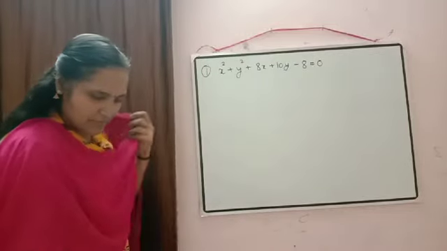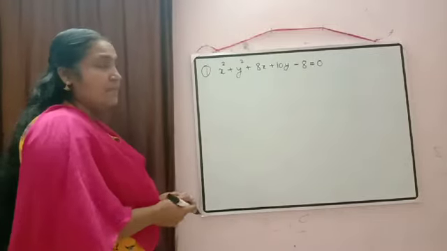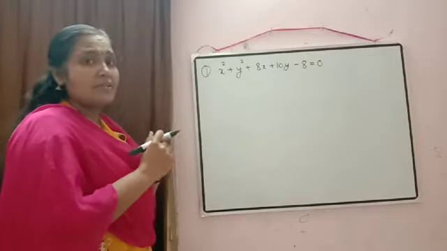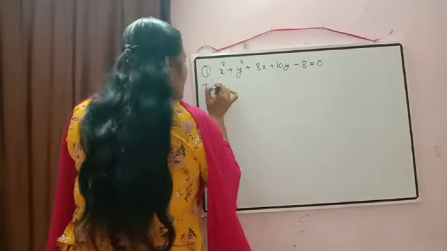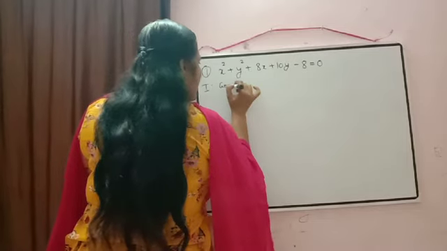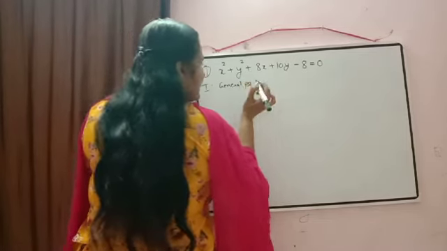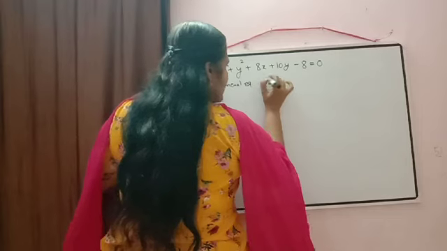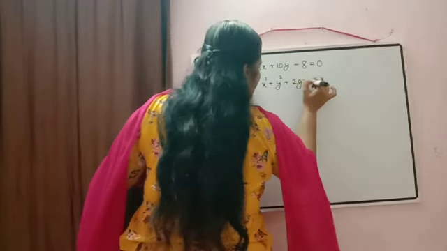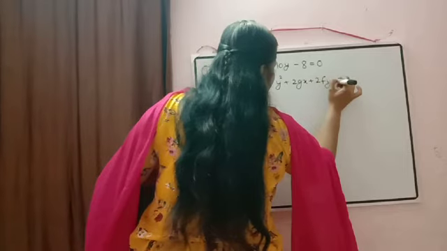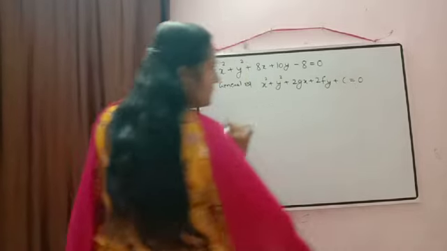Whenever the equation of a circle is written in this way, the generalized form is easy. So first I am explaining the generalized form. The general equation of a circle is x square plus y square plus 2gx plus 2fy plus c is equal to 0.